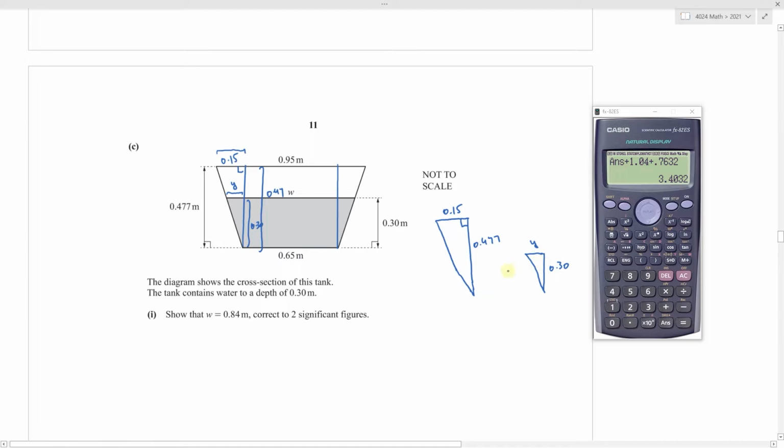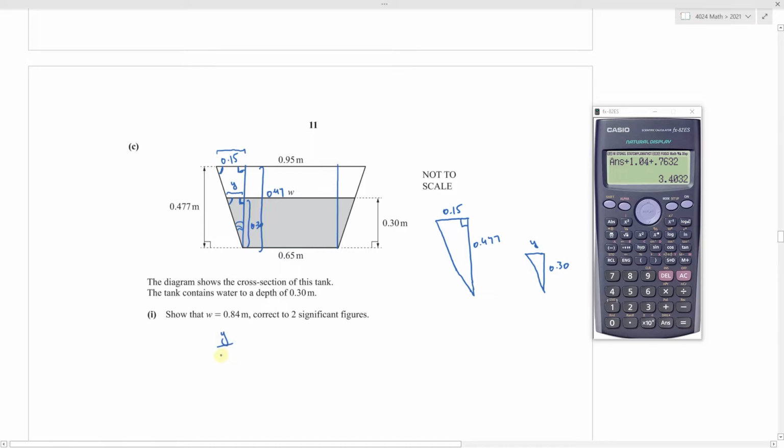So why are they similar first? This angle is equal to this angle because these are parallel lines, and these are two corresponding angles which should be equal. Then this is 90 degrees and we know that this is also 90 degrees. Again, parallel lines, corresponding angles. And this angle here is common between the two triangles. So all three angles are the same. That's why these two triangles are similar.